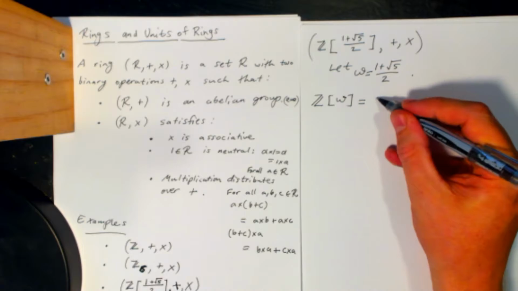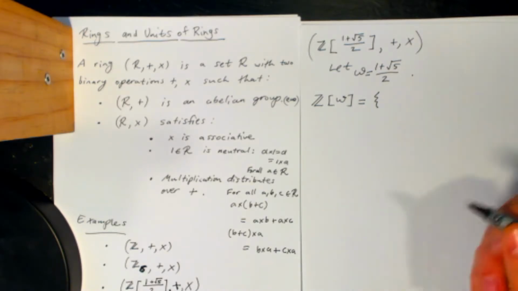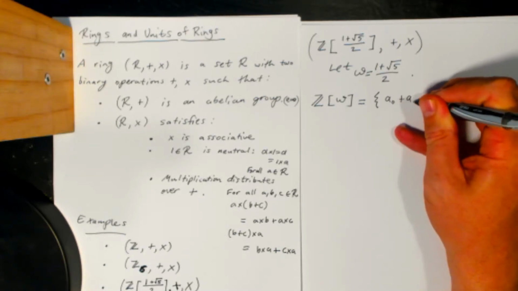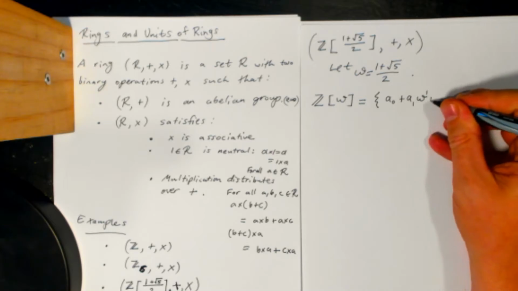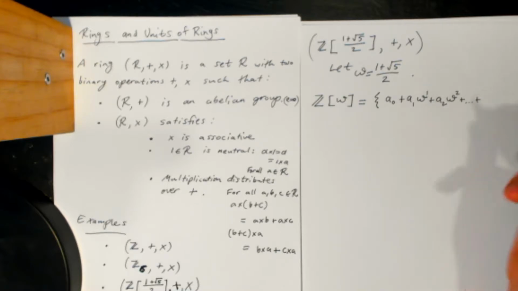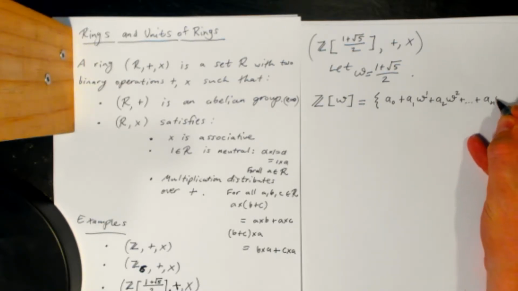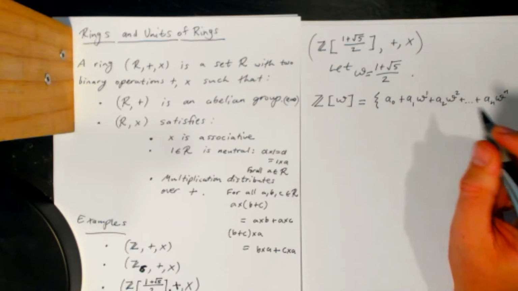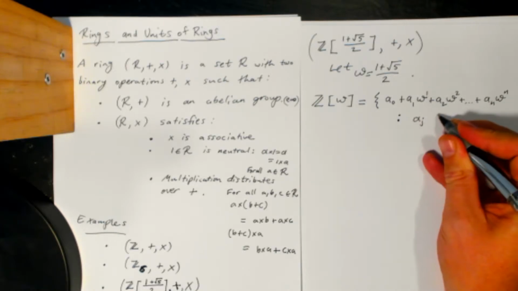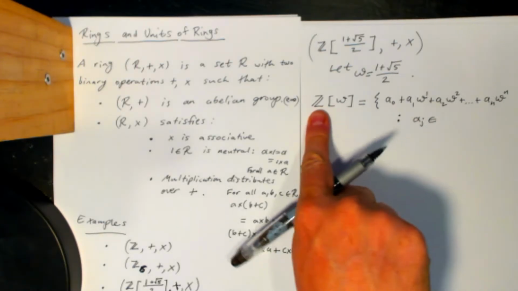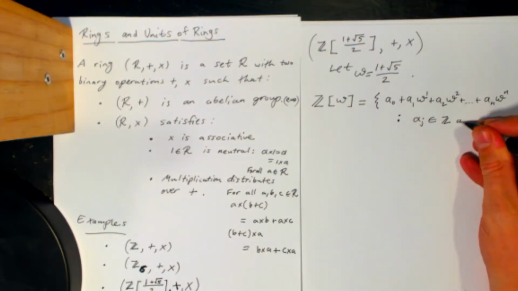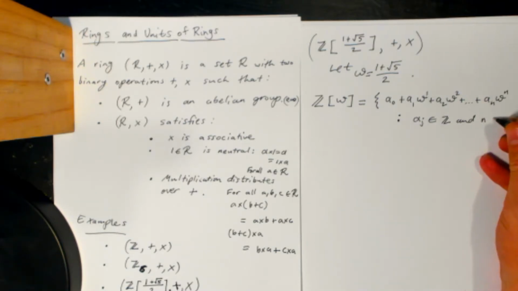But what this means is this is basically the set of all a0 plus a1 omega to the power of 1 plus a2 omega squared plus dot dot dot plus an omega to the power of n, such that all of the a subscript j belong to the integers in this case, and n is a positive integer.